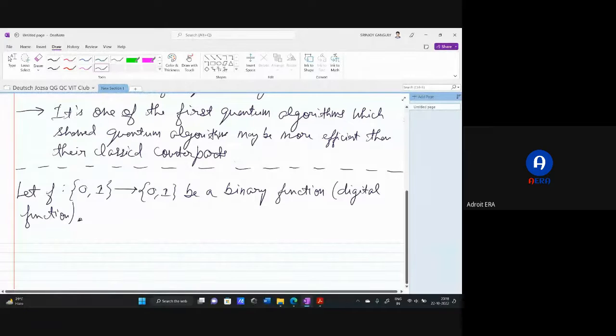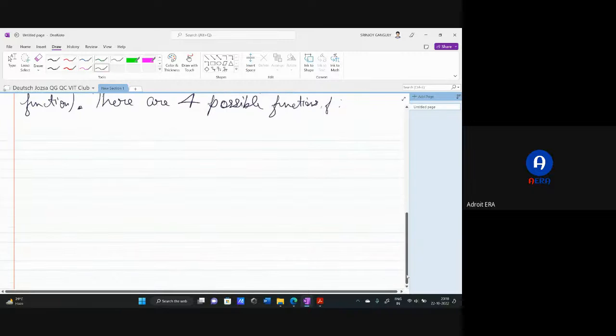So there are four possible functions f. What are those possible functions? Let us see.